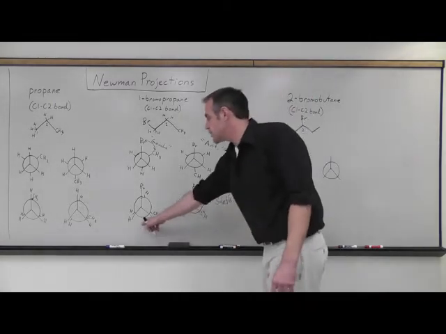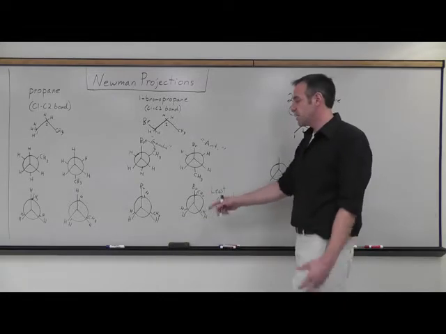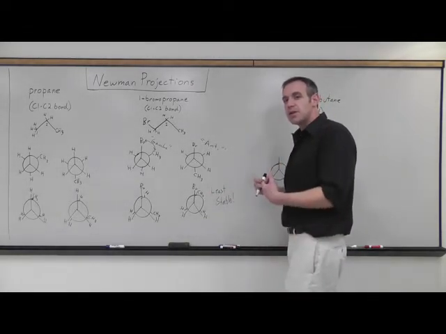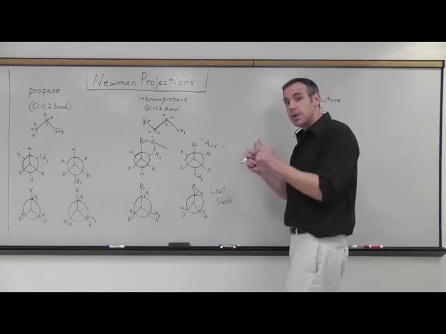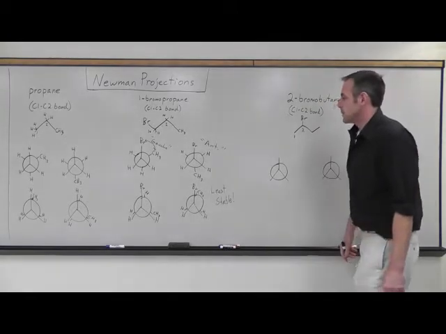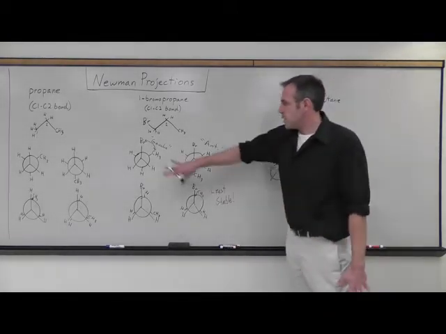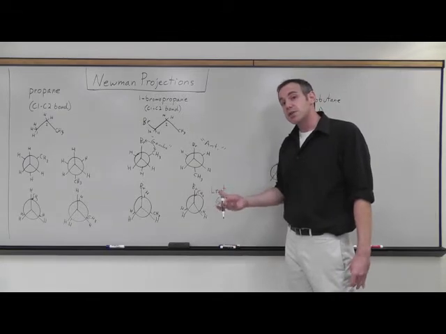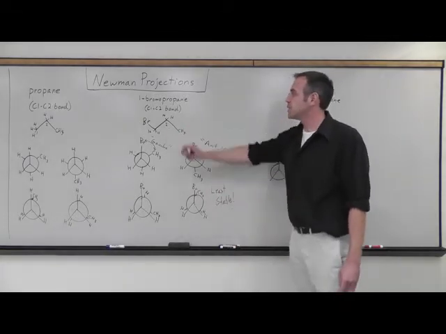These are both eclipsed conformations, but this is the least stable since the largest groups are right next to each other and they're going to have a lot of steric issues, bumping into each other, or molecular friction. But these represent all the different possibilities you could get, or possible energy states in terms of conformations that you would get from this molecule.